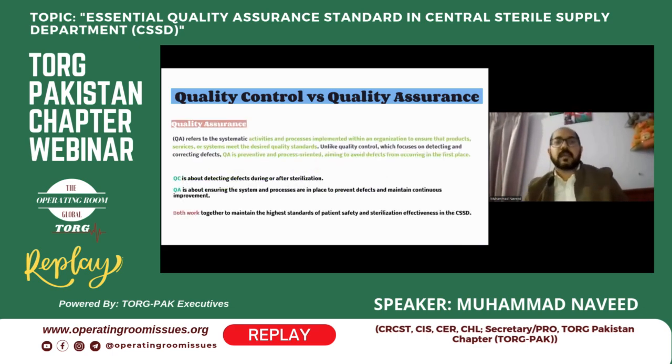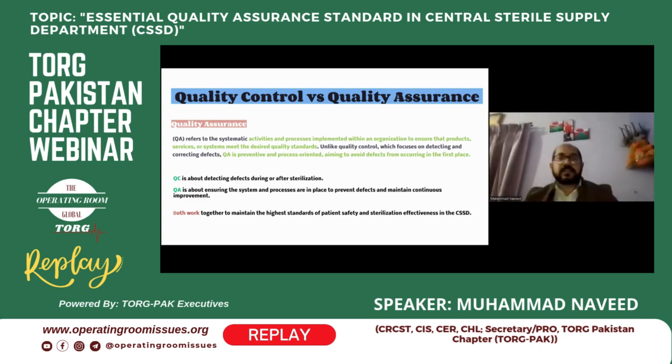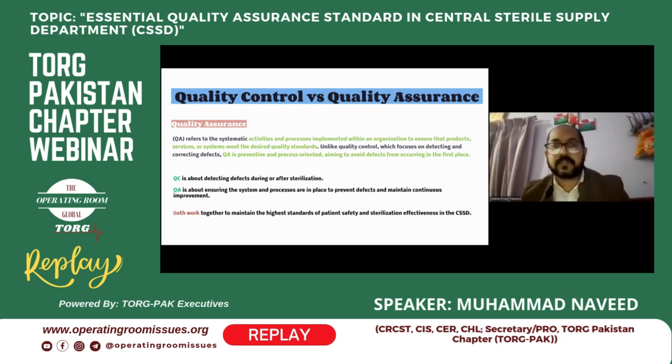What about quality assurance? It is how an organization ensures the products, services, and systems meet the desired quality standards. As you know, we have three zones: decontamination zone, packing zone, and sterilization zone. We are doing different processes in these zones. So it is mandatory for us to know which standard and which indicator we are using to maintain the quality.